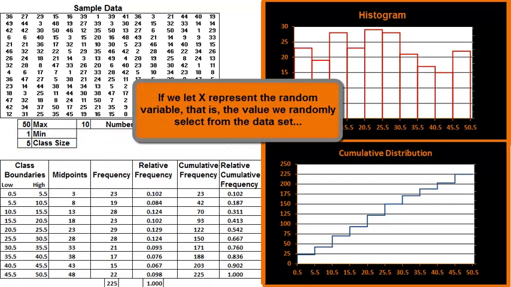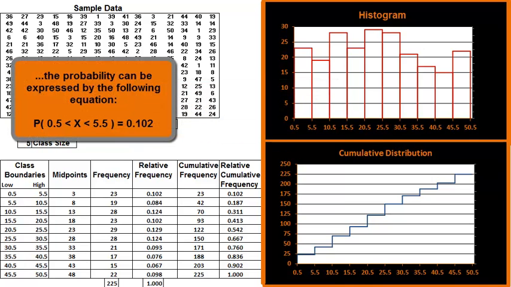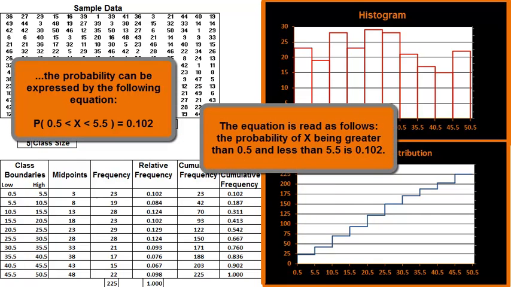If we let x represent the random variable, that is, the value we randomly select from the dataset, the probability can be expressed by the following equation. The equation is read as follows: probability of x being greater than 0.5 and less than 5.5 is 0.102.